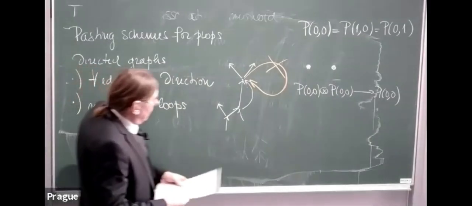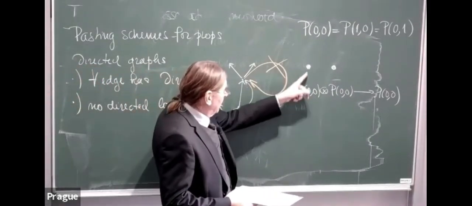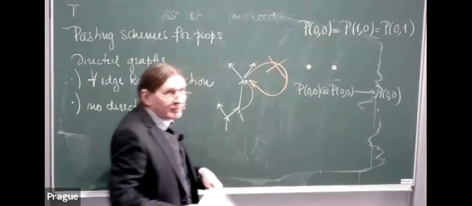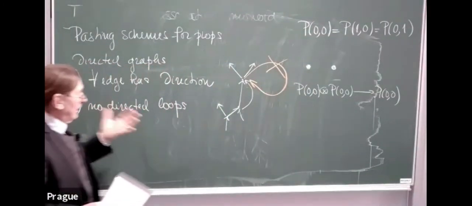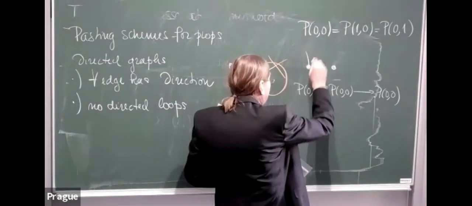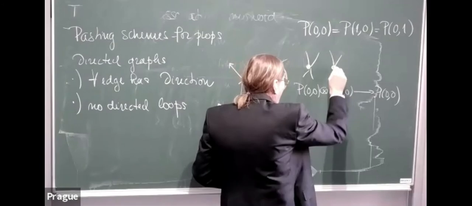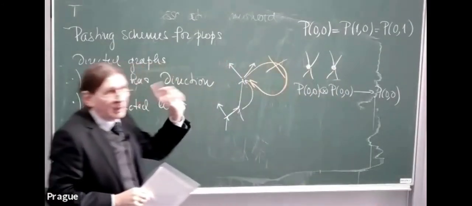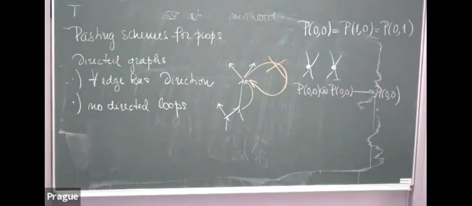Very good, but which is which? Which is left, which is right? I may freely move these things around. So in order for this to work, I need to have some way to distinguish which vertex lies on the left from the other one on the right.